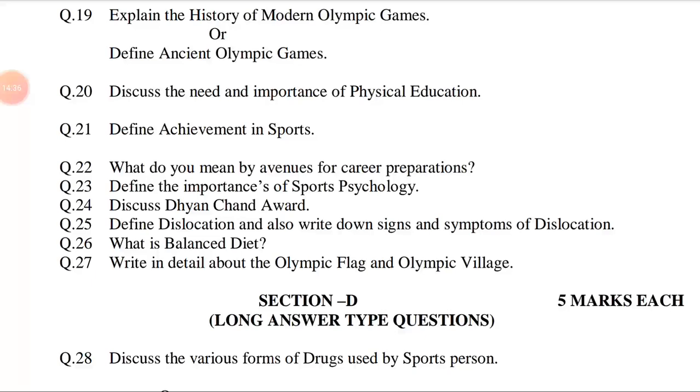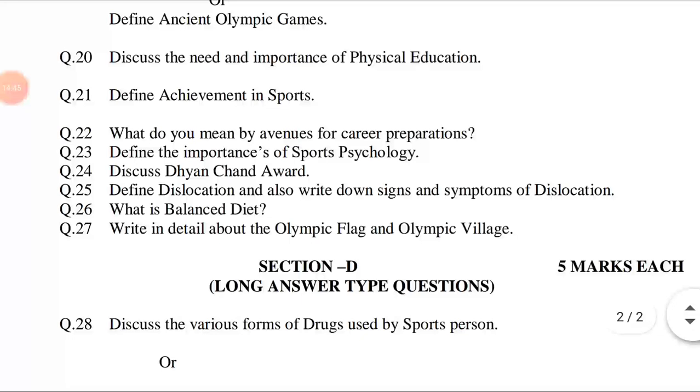The answer may be exact origin of Olympic Games. In which year the ancient Olympic Games were recorded, in which city, village, capital and country these games were held. How many days ancient Olympic Games remain. Question number 20. Discuss the need and importance of physical education.